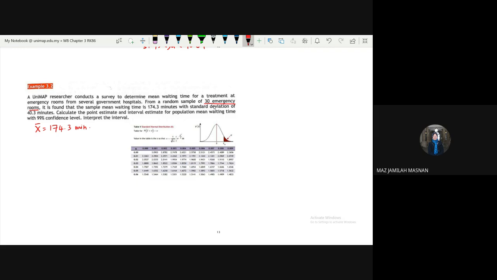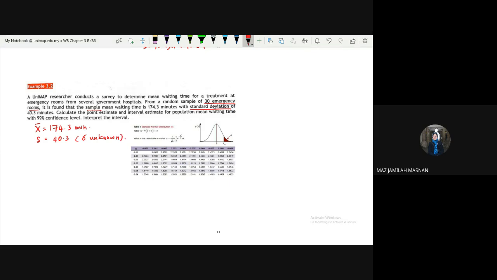With the standard deviation, now this is your hint. What does that mean? This standard deviation is calculated from your sample, so your S is 40.3. It's not your sigma. So in this case, sigma is unknown.